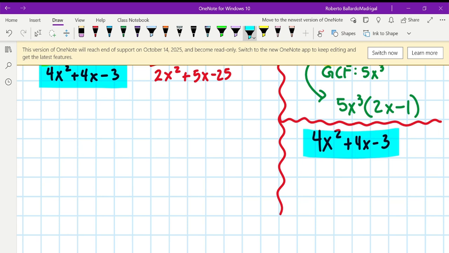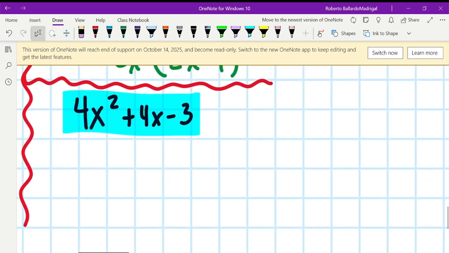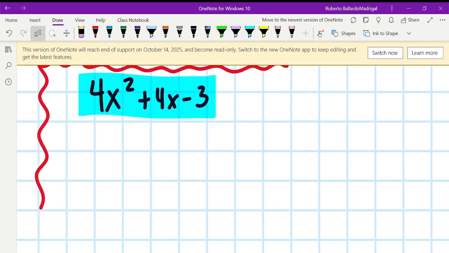Okay, there it is. All I'm doing is just rewriting it separately, you guys. I'm not doing anything yet. I'm just rewriting it over somewhere else.